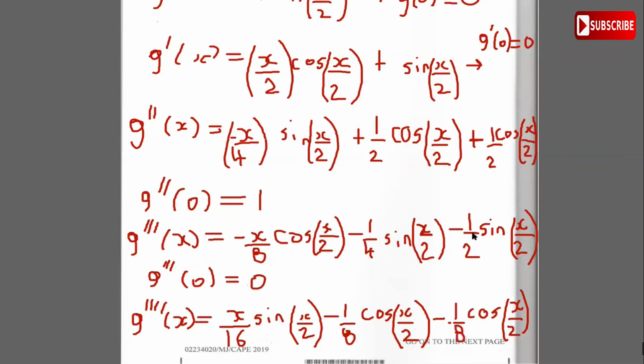Then you need to differentiate a half sine x over 2, and you're going to get minus a half times a half, which is a quarter. Just because we don't have much space, minus 0.25 sine. Differentiate sine, you get cos, so minus 0.25 cos x over 2. So what does that mean for us?